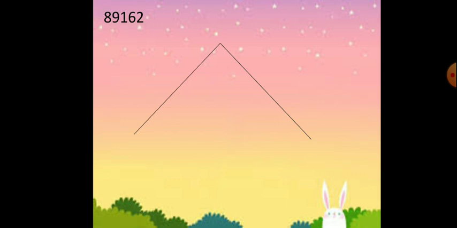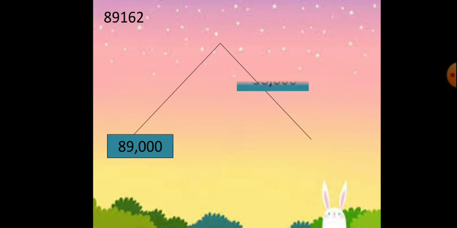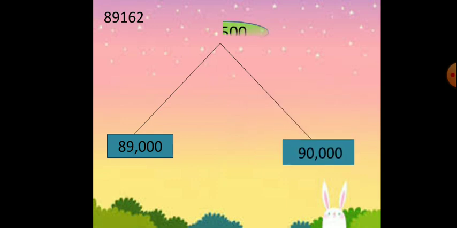Another number is 89,162. So now again I made one number line in a mountain shape, and let us see where this number lies. This number lies between 89,000 and 90,000. Let us see the mid number also children.